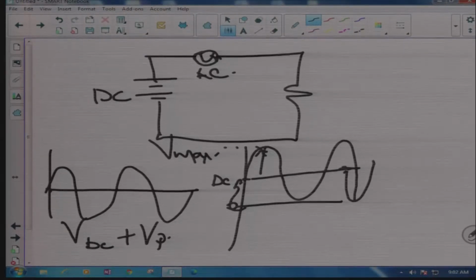This point in here is V minimum, which is equal to VDC minus V peak. Now we're going to have a look at little calculations in here for you to go about them. Let's go over to the next slide.